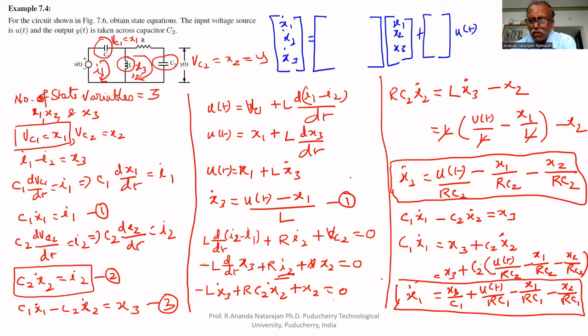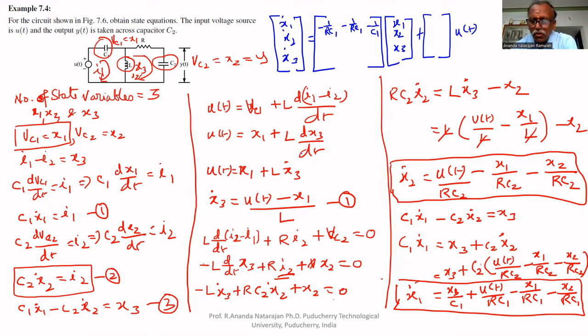The x1 dot equal to x3 by C1 minus x1 by RC1, that is minus 1 by RC1 multiplied by x1, minus 1 by RC1 times x2, and 1 by C1.